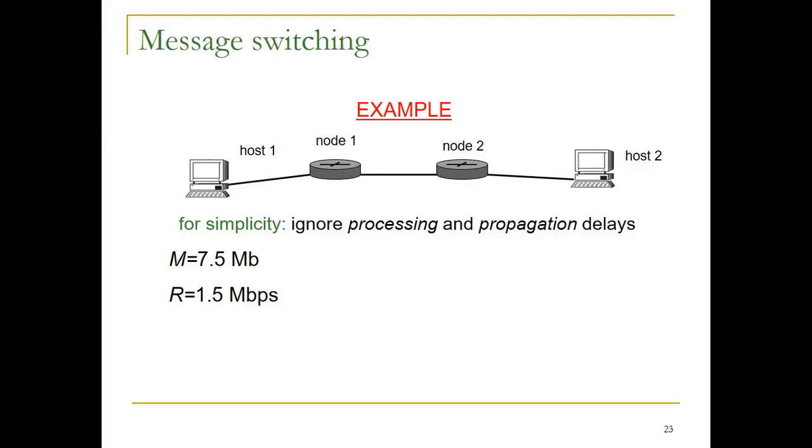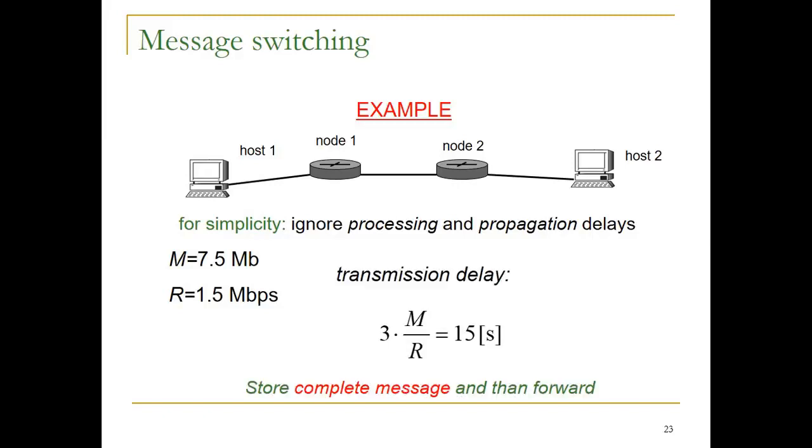So in this case, 3 times 7.5 divided by 1.5 gives you 15 seconds. That will be the transmission delay involved, because you have three links, so you have to deal with this delay, that delay, and that delay, multiplied by the message size and the rate it has to address transmission.